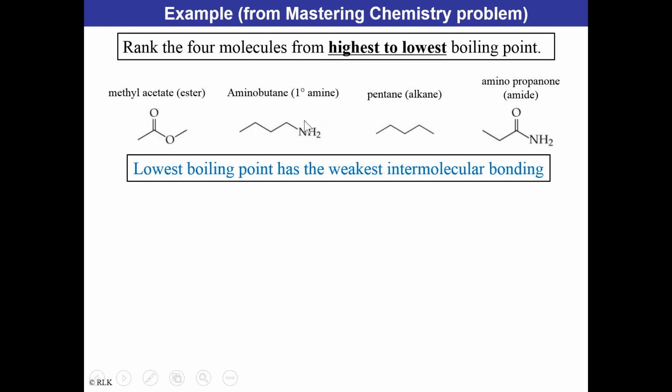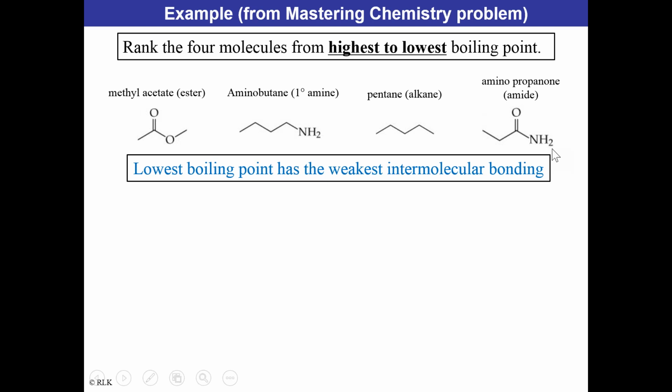Here you have aminobutane, right? It's a primary amine because the nitrogen is attached to one carbon, but it has a significant amount of aliphatic, straight chain alkane-like character. You also have pentane, which is just an alkane, and then you have aminopropanone, okay? Here you have an interesting situation. We haven't really talked about it a whole lot. We will when we start talking more about amino acids.